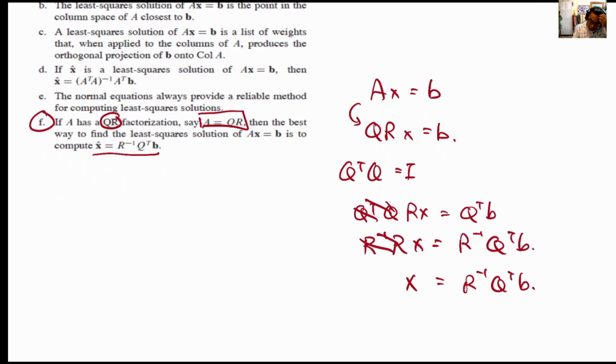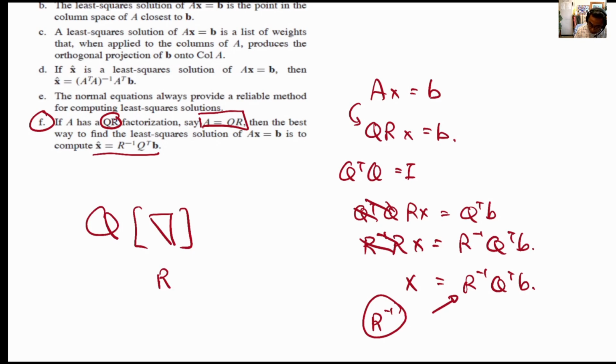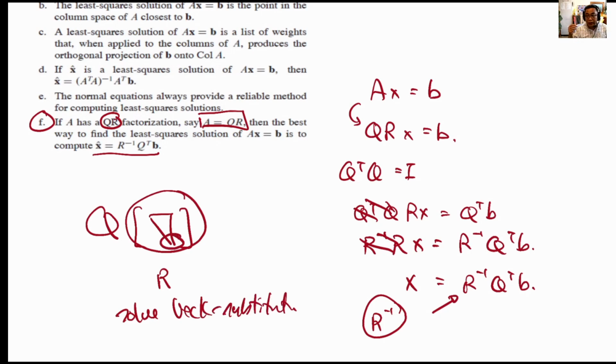And it asks whether this is the best way to compute the least squares solution. Again, the answer is false, because we do not like to find the inverse of any matrices. We note that R is an upper triangular matrix. When we have an upper triangular matrix, we can solve by back substitution, as in the previous tutorials 1 and 2. Basically, we solve from the lowest variable first.